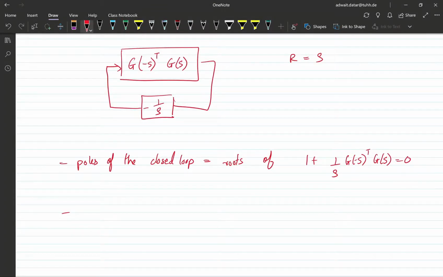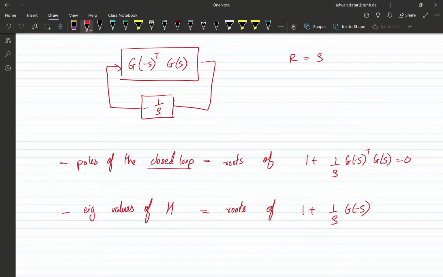which basically then means that the poles of the closed loop, which correspond to the Hamiltonian, so we can just say that the eigenvalues of the Hamiltonian can be found by solving for the roots of this equation.